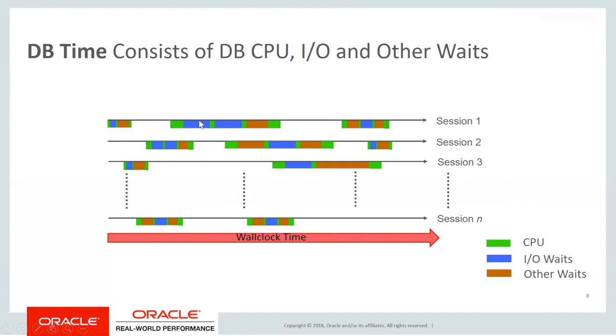I'm showing that as blue here. So that's an active wait event. And then we have a whole lot of other waits. So from the top level, database time consists of CPU, waiting for IOs, or waiting for some other database related wait event. For instance, waiting for a log file sync event to complete.